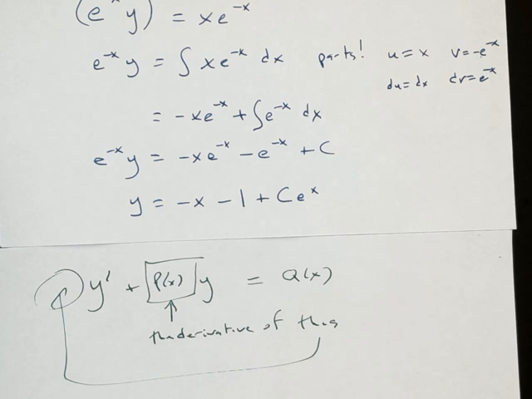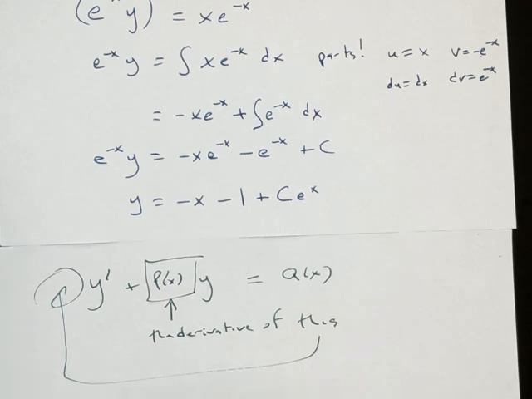What's something whose derivative is the same as it with extra stuff? E's, right? E to the stuff, when I take the derivative, I use the chain rule. I get e to the stuff again, and then more stuff.